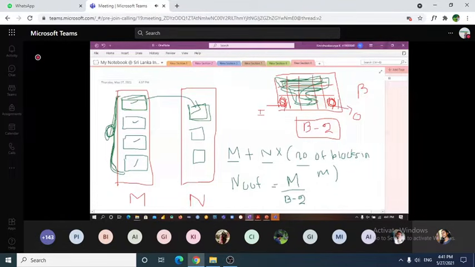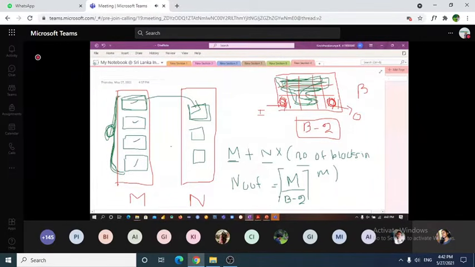Now I will show it with an example as well. So finally the equation that you will get is M plus N into this many blocks, the ceiling of M divided by B minus 2. That will be your cost for the block nested loop join. So for now have this idea in mind. When I do the question, it will make sense.